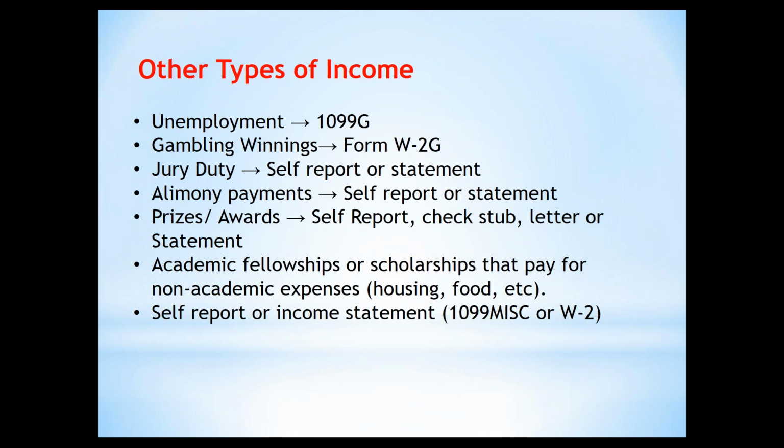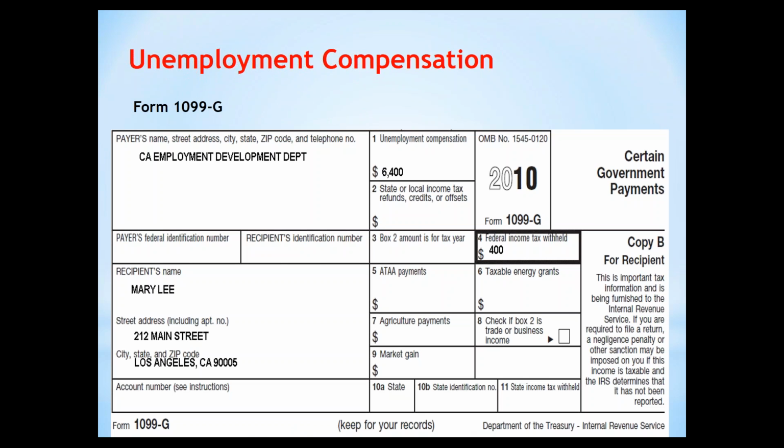So sometimes somebody wins something from like Publishers Clearing House or another source of income like that. And then there's academic fellowships or scholarships sometimes. If those get reported on a 1099-MISC form, then those also have to be accounted for on the federal side of the tax return.